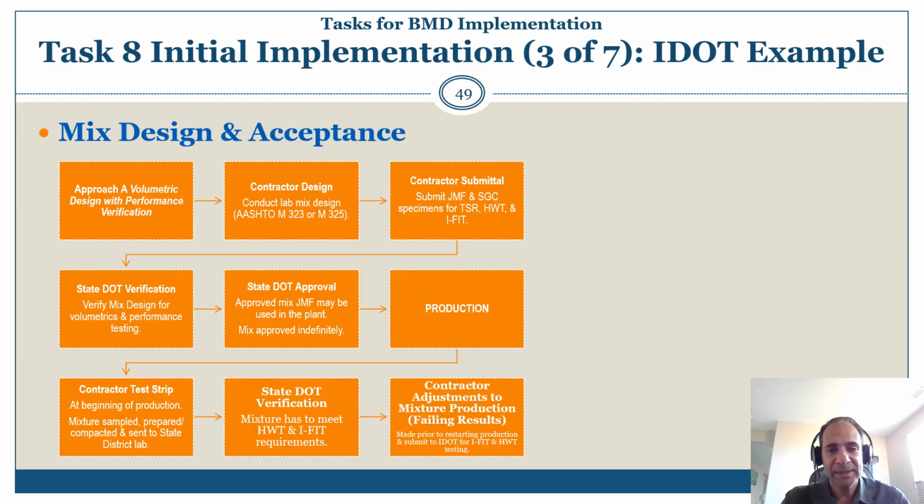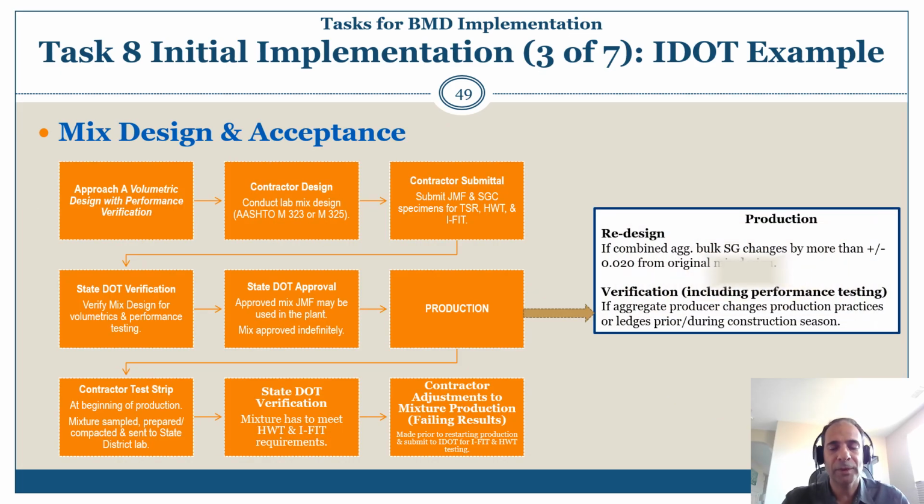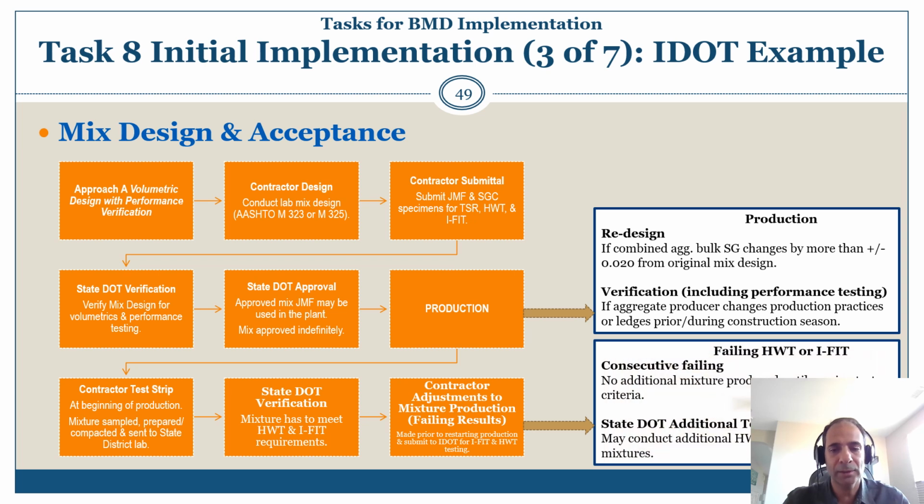So how does the mix design and acceptance for Illinois DOT look like? So it starts with approach A, which is the volumetric design with the performance verifications. The contractors will conduct the lab mix design and submit the job mix formula as well as Superpave gyratory compacted specimens to the state DOT central lab for TSR testing, Hamburg wheel tracking testing, and iFit testing.